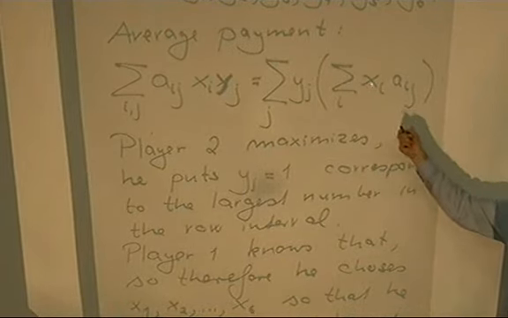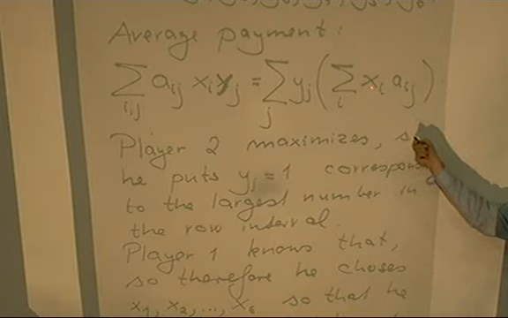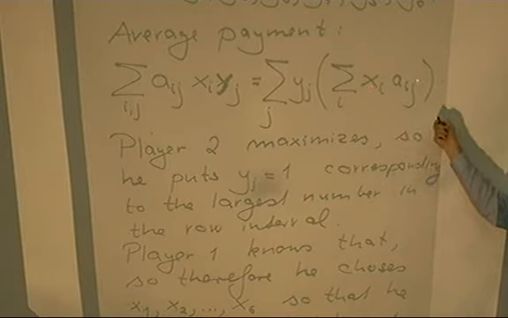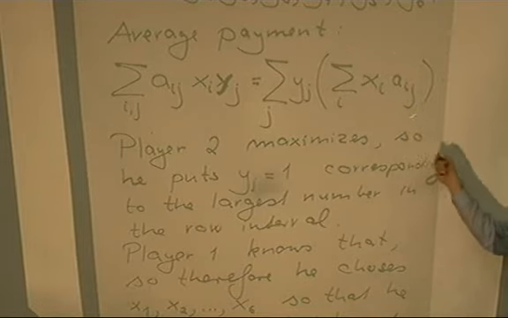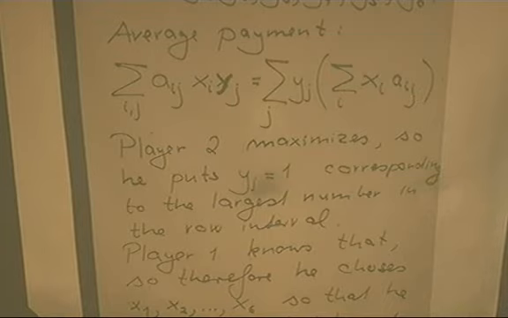So once the x's have been established, player 2 will look at this number here. What is this number? Well, that's the jth entry in a convex combination of the row vectors, where the coefficients are the probabilities given by player number 1, the jth coordinate.